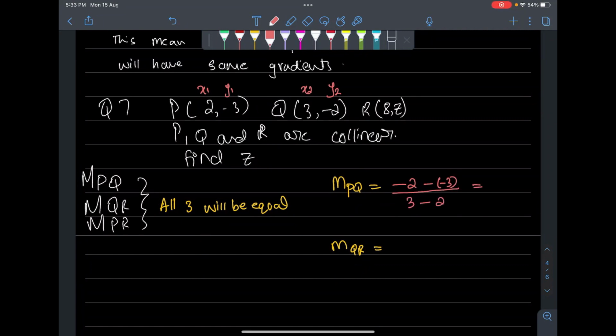So what I got over here is minus 2 plus 3 is 1 upon 1. And gradient of QR is, now I can let these be x2 and y2. So then this will be x1, y1. So minus 2 minus z, y2 minus y1 upon 3 minus 8.